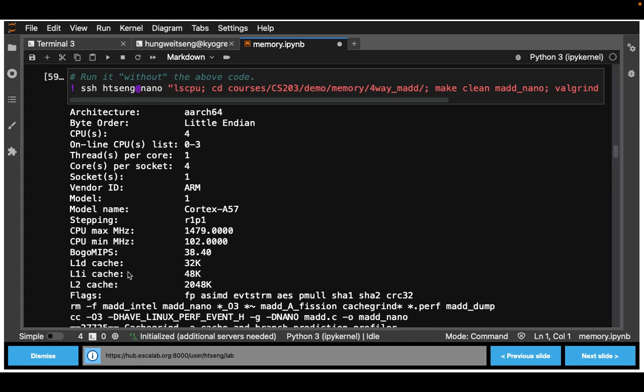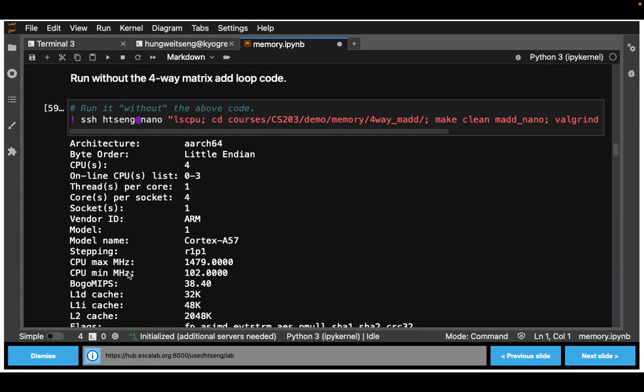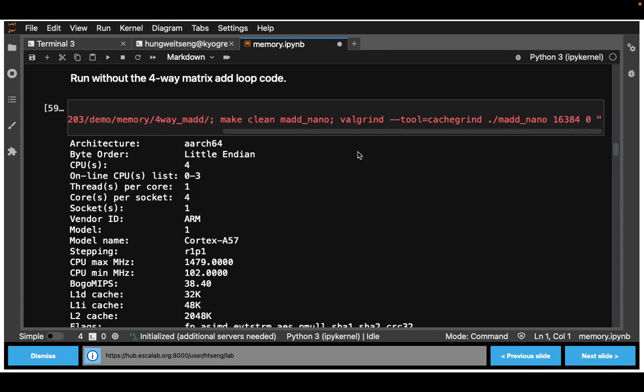Okay, so for the demo here, we are using a program called Valgrind. Valgrind has a tool called Cachegrind, which allows you to profile the memory behavior. The format is you run a valgrind command. There are many tools in Valgrind; it's a debugging and profiling tool.